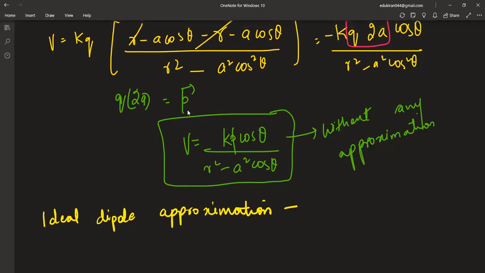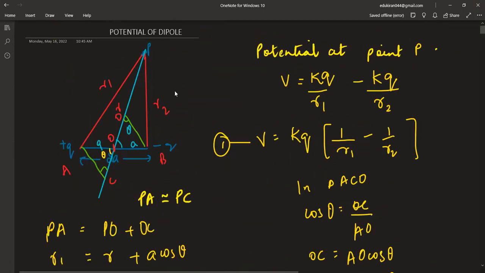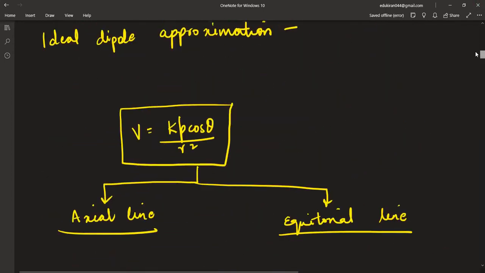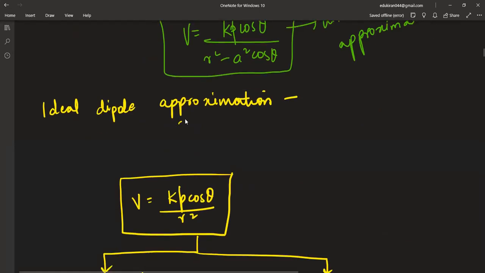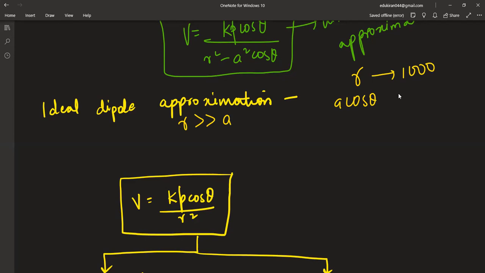Just in case, class, if this separation R is very, very, very much greater than this A. It's like R is 1000 and A is just 1. So much difference. That is known as the ideal dipole approximation. If your R is very much greater than A, R square will be huge. If R is 1000, this A cos theta is 1.